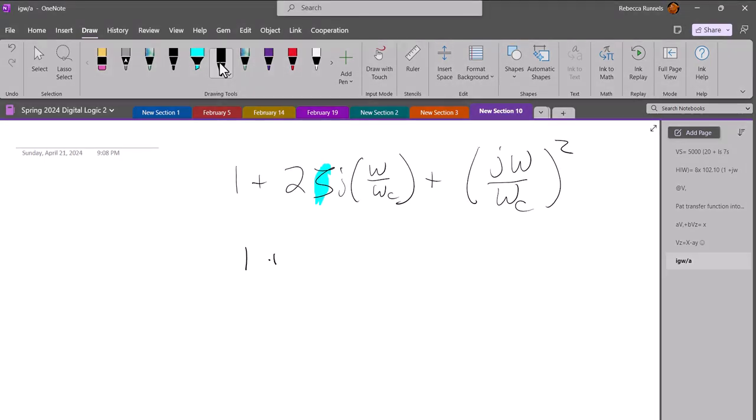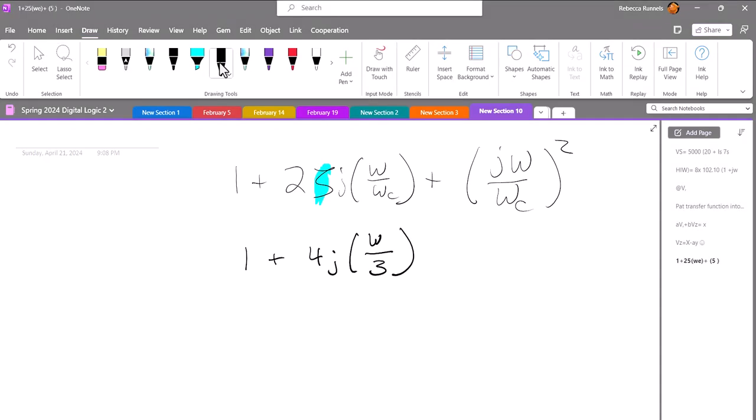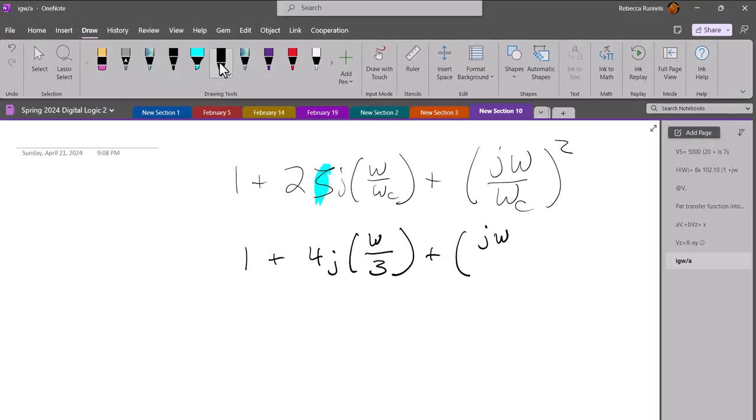So let's say I had 1 plus 4j omega over 3 plus j omega over 3 squared.